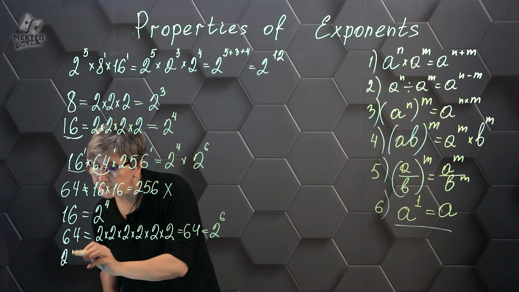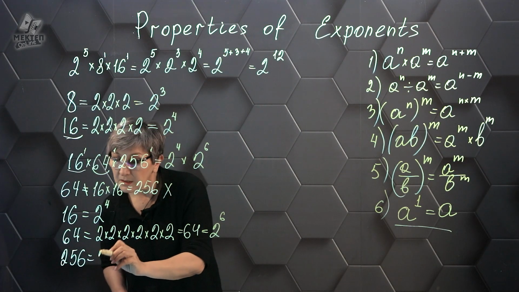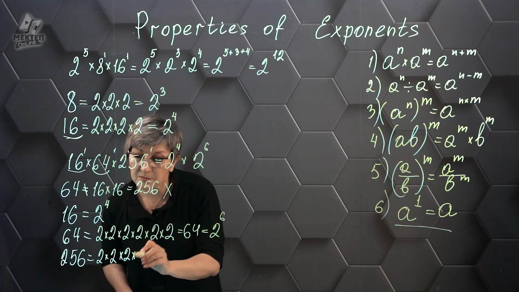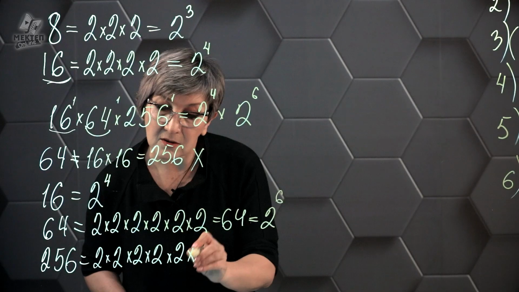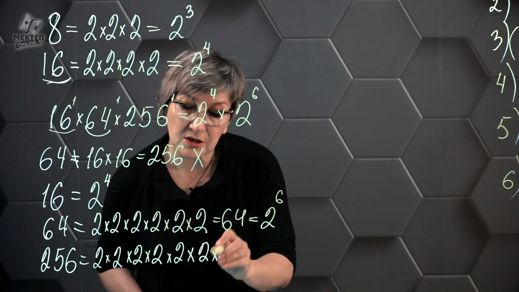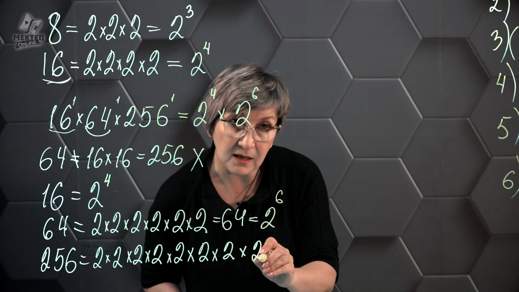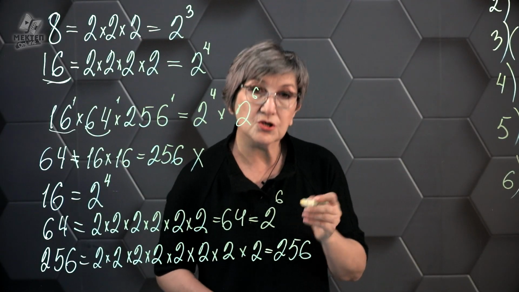And now the number 256. Let's use the same algorithm. 2 times 2, 4 times 2, 8 times 2, 16 times 2, 32 times 2, 64 multiplied by 2, 128 times 2, 256.